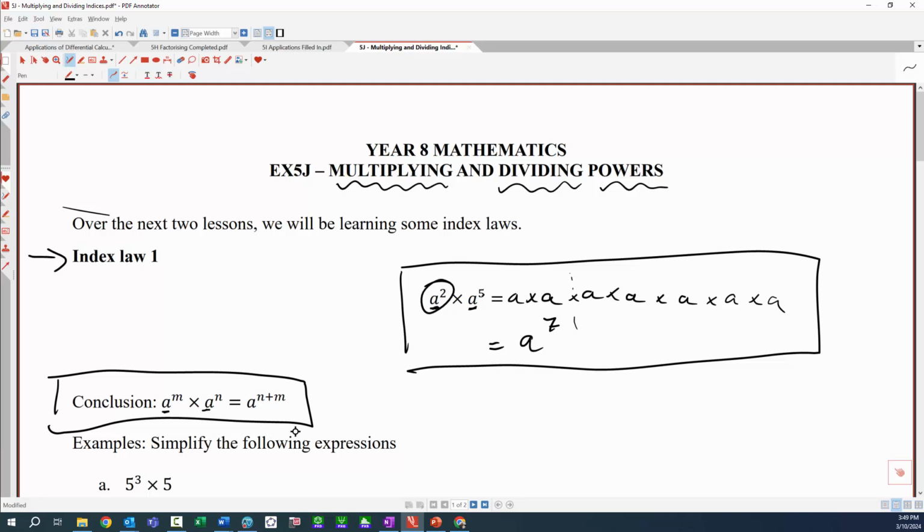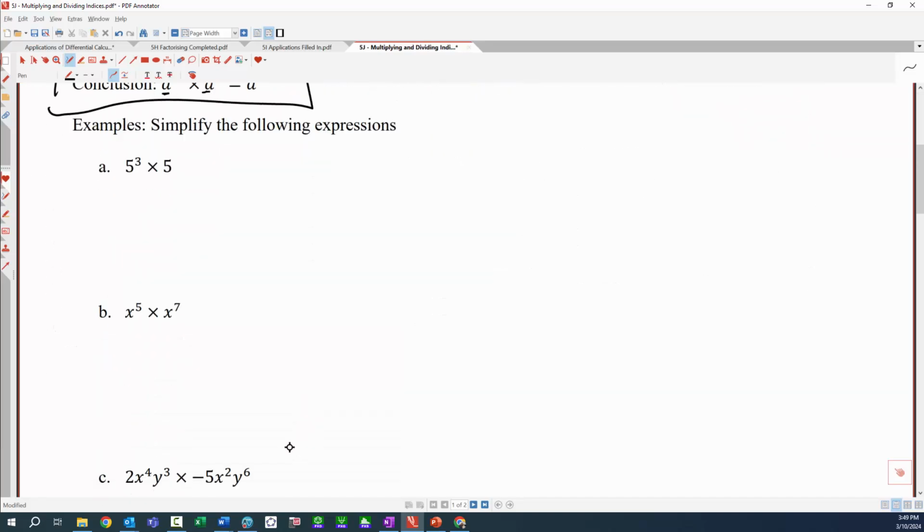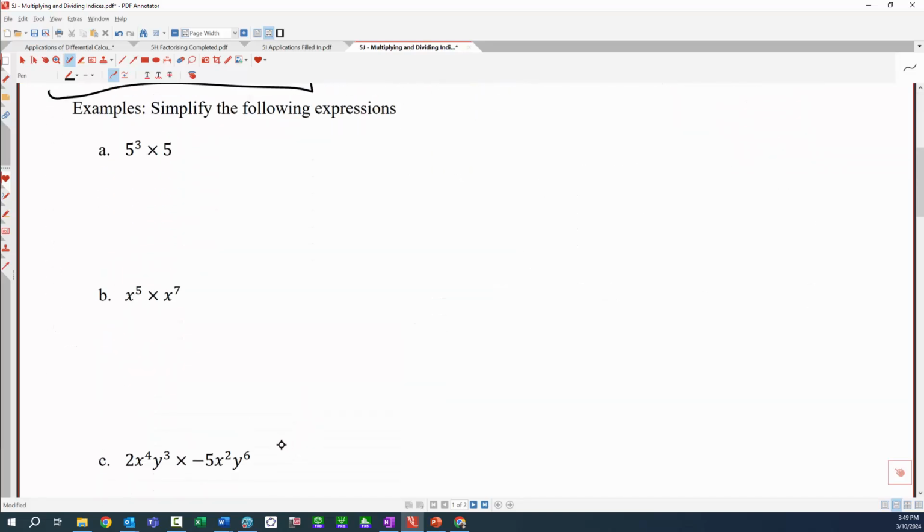Now that you've got that down, we're going to use that index law to help us simplify the following expressions. Again, write down the instruction that it wants us to do. With the first one, we note that we've got common bases, a base 5 and a base 5.